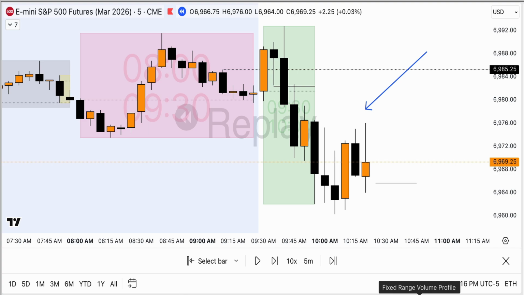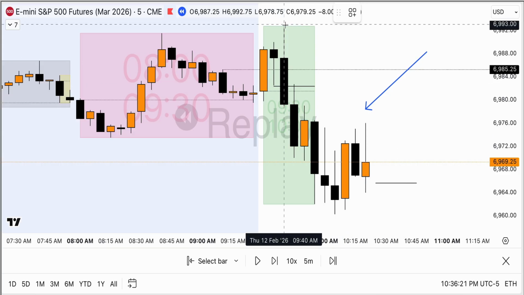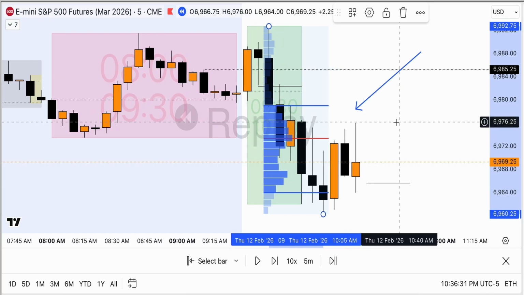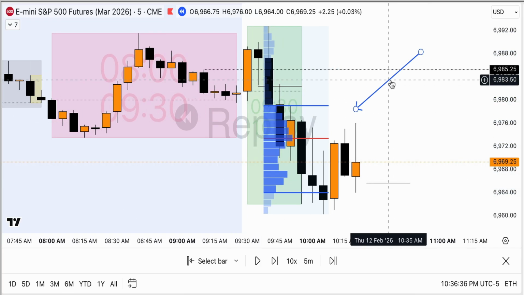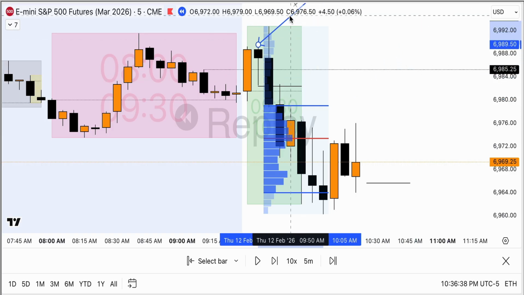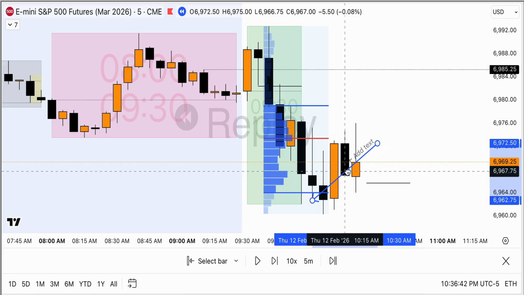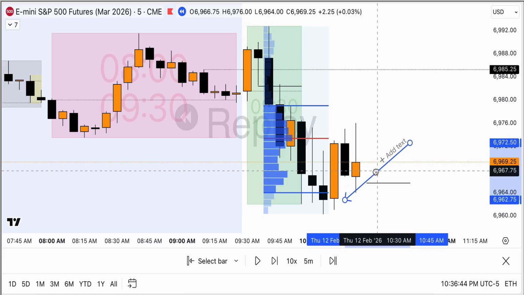I'm going to grab my fixed range volume profile, 5 minutes. I'm going to tap the high of my directional range and push it down to the low of that directional range. That's all I'm going to do. So the swing high, where you have a lower high to the left and a lower high to the right, and the swing low, a higher low to the left and a higher low to the right.